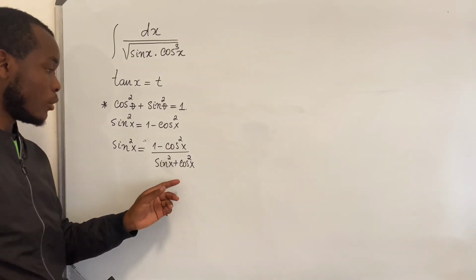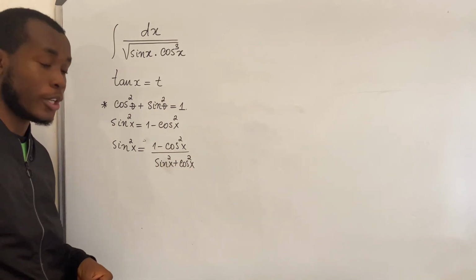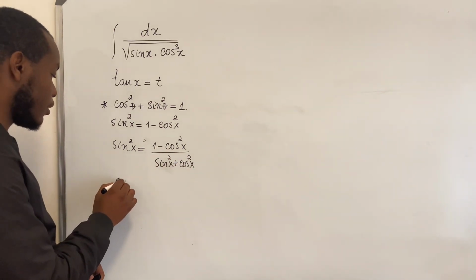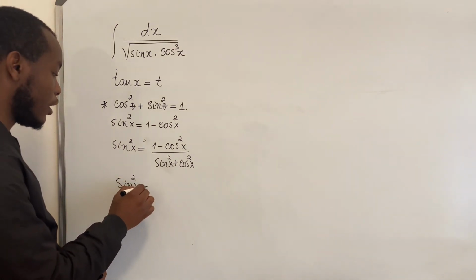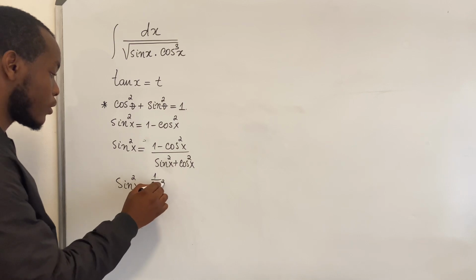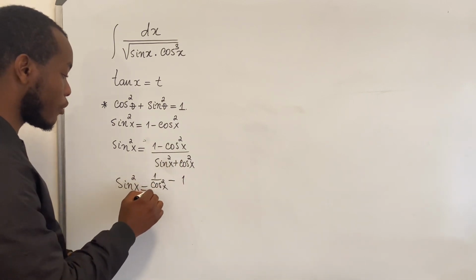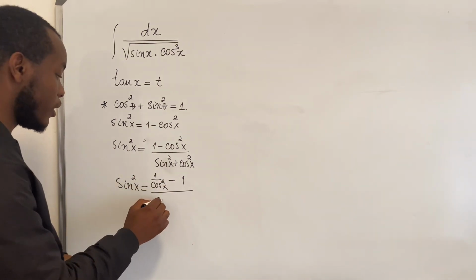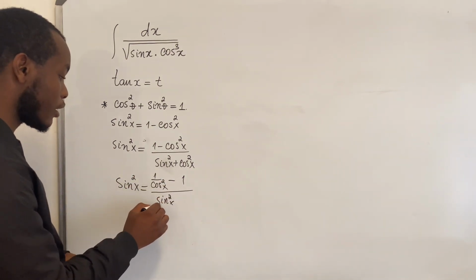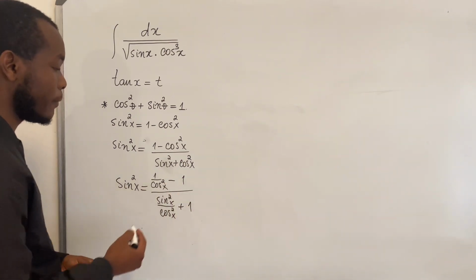What we can do now is divide both the numerator and the denominator by cos squared. Here we're going to have 1 over cos squared of x, and here will be 1 because cos squared over cos squared is 1. Here will be sine squared of x over cos squared of x, and here will be plus 1.